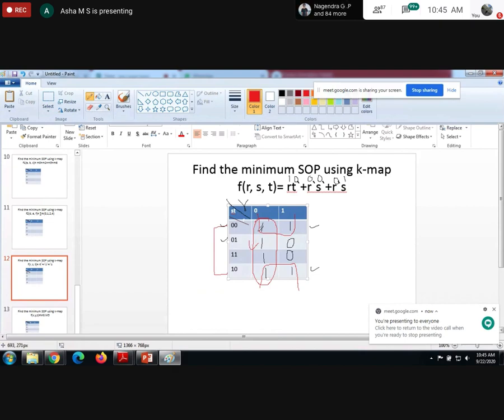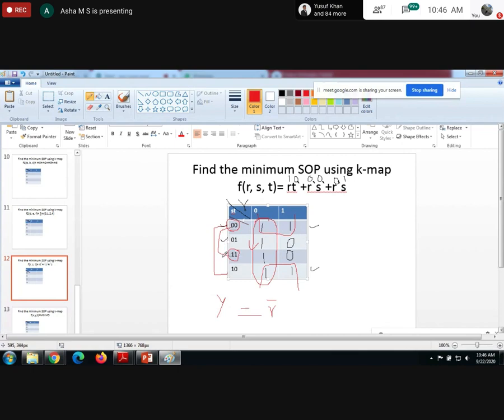First, I will write for this grouping. What I have vertically is only the value R. What is the value of R? It's 0, so that is R bar. When you compare while trying to write this, see, here I have different values, so these two will get cancelled.